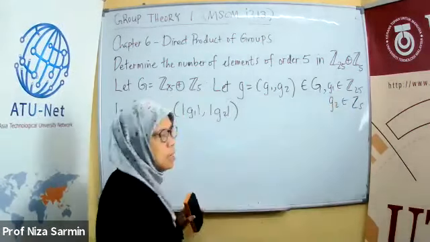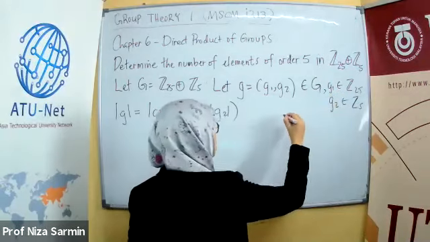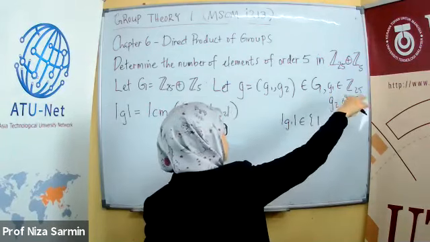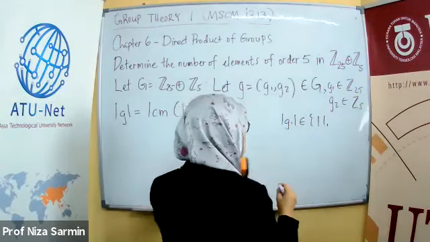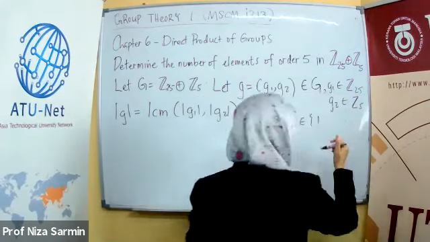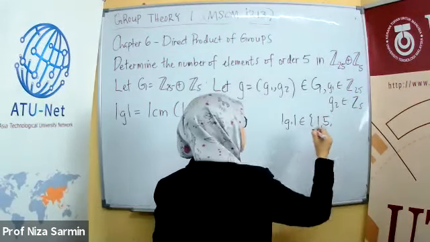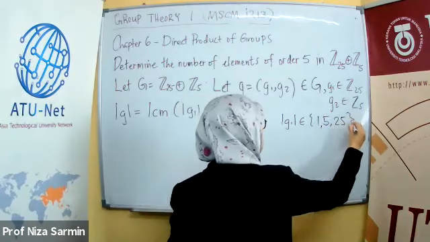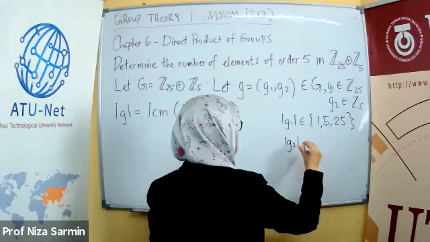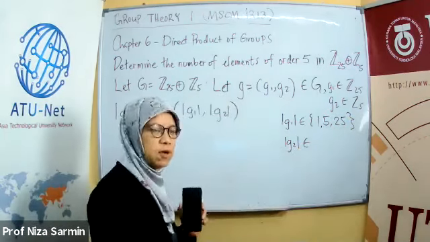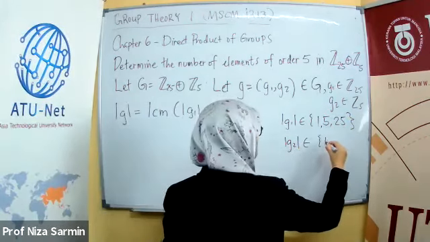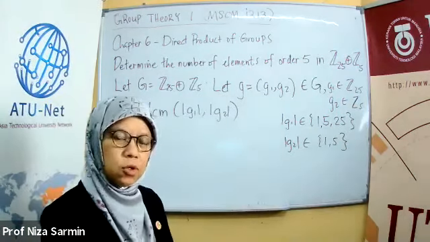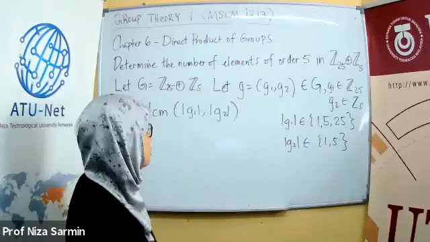Since g1 is in Z25, the order of g1 has to divide 25, so it is 1, 5, or 25. And since g2 is in Z5, the order of g2 divides 5, so it's 1 or 5.